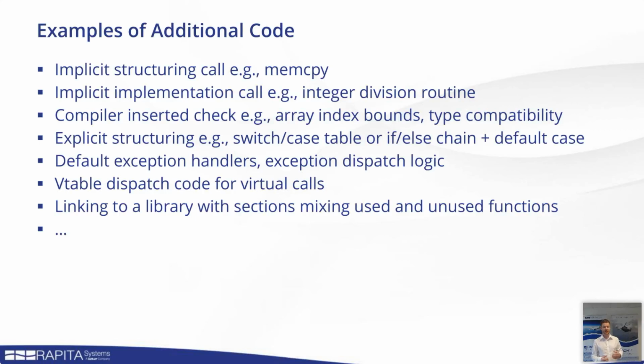Certain compilers, particularly Ada compilers, may insert array bounds checks and other checks that don't exist in the source code. There may be restructuring. So, for example, long sequences of if, else, then else statements may be transformed into a jump table by the compiler.